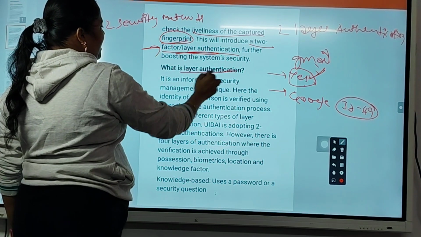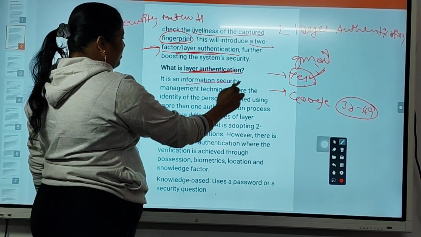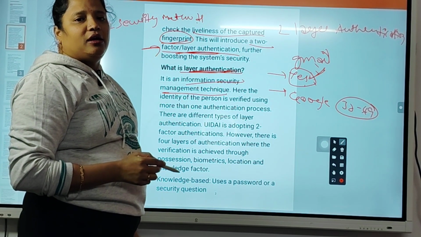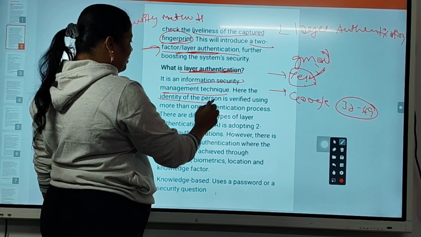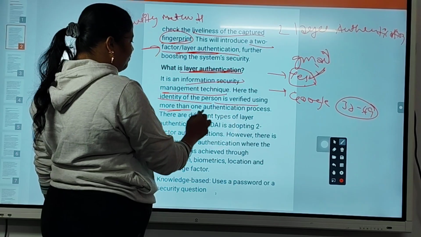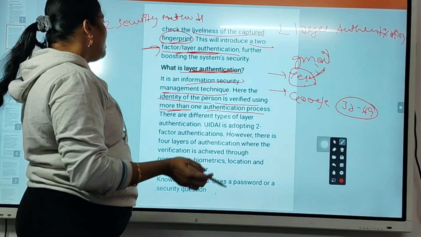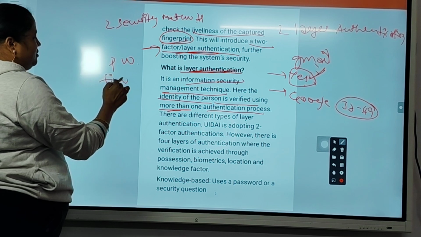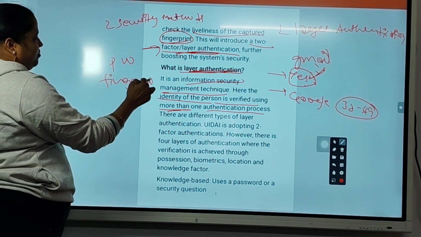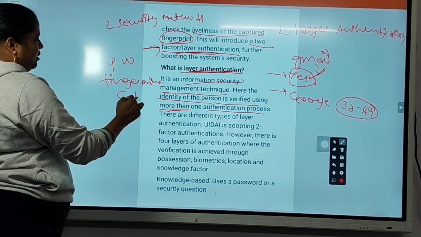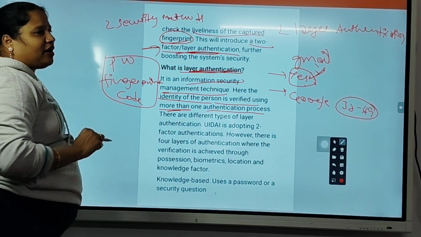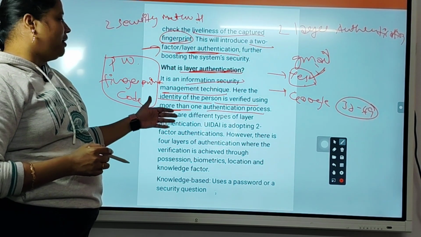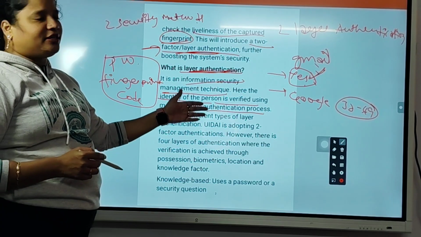Layer authentication is an information security management technique, where the identity of the person is verified using more than one authentication process, like password, fingerprint or code. More than one authentication is required to authenticate the person.